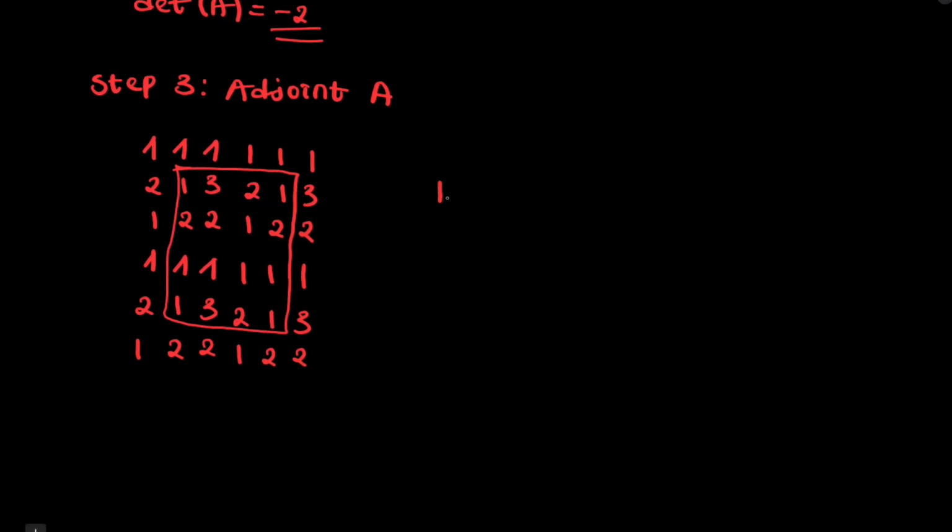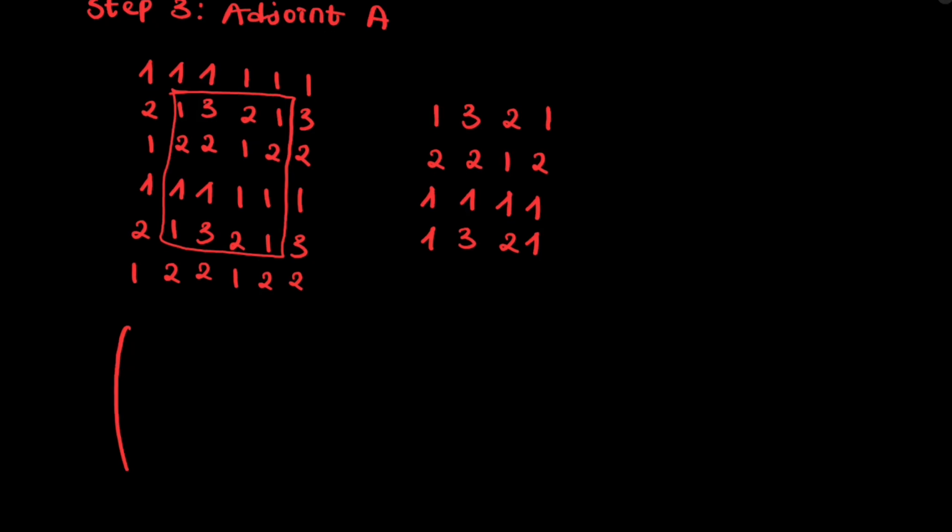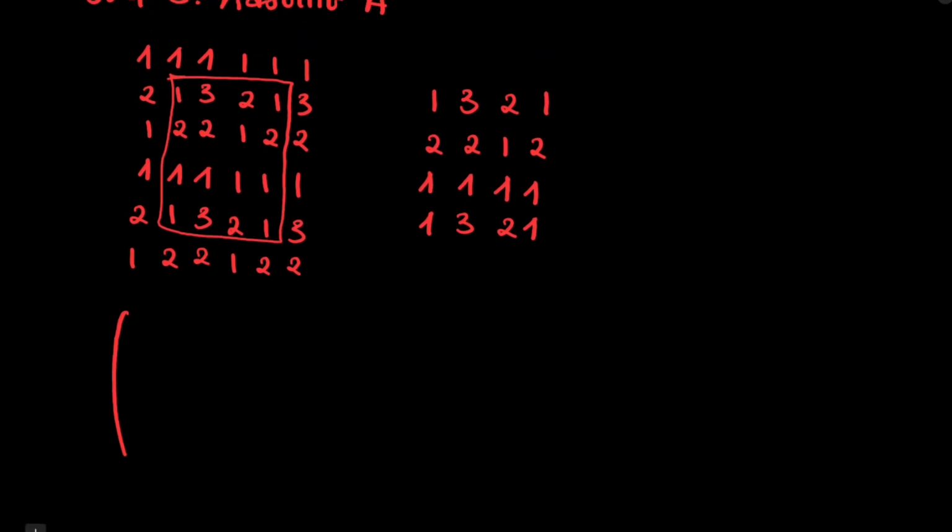So we are left with 1, 3, 2, 1, 2, 2, 1, 2, 1, 1, 1, 1, and 1, 3, 2, 1. So now we group them into 2 by 2 matrices. So we take the first 2 by 2. This is the first one.